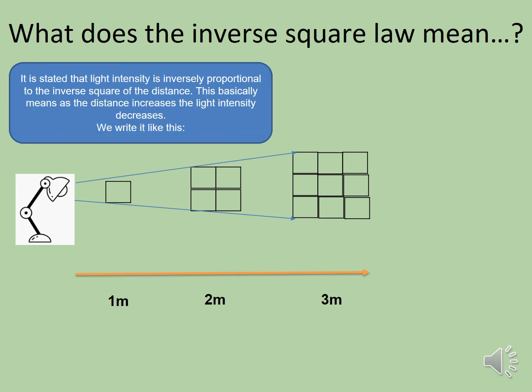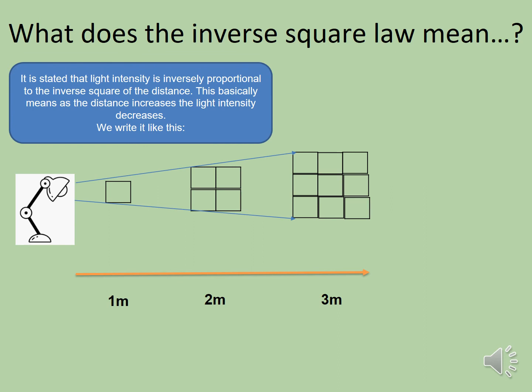So we come back to the inverse square law. As it said on the original slide, it is stated that light intensity is inversely proportional to the square of the distance. So this is basically just a fancy way of saying that as the distance increases, the light intensity decreases. If it was proportional to, it would mean as the distance increases, the light intensity also increases.